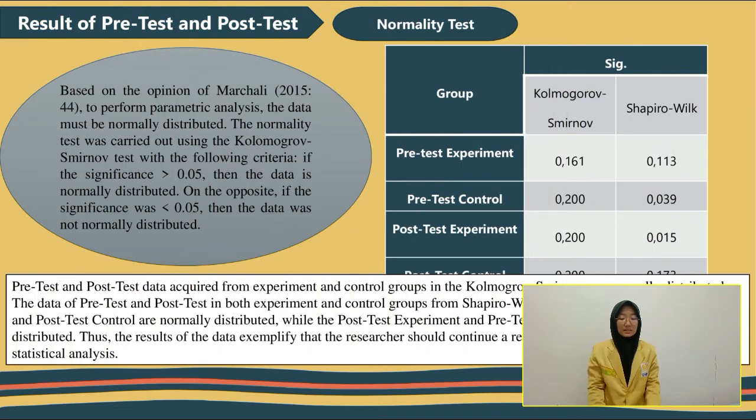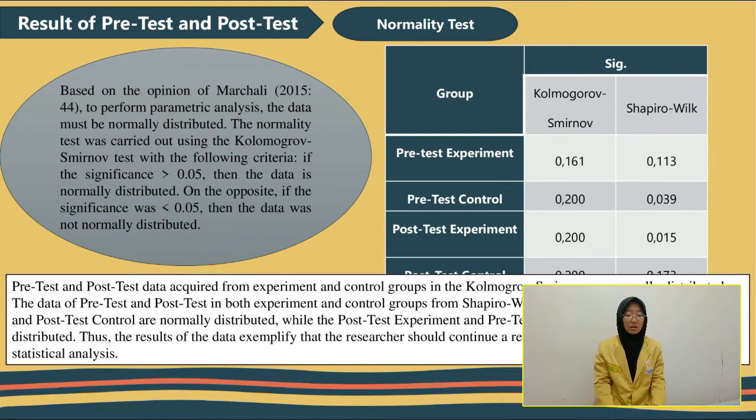The first is the normality test. Based on the table, we can conclude that the pre-test and post-test data from the experimental and control groups in the Kolmogorov-Smirnov test are normally distributed. In the Shapiro-Wilk test, the pre-test experiment and post-test control are normally distributed, while the post-test experiment and pre-test control are not normally distributed.